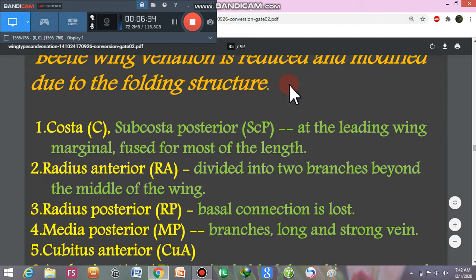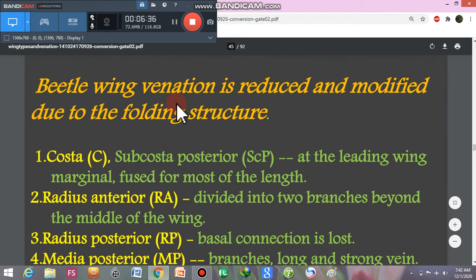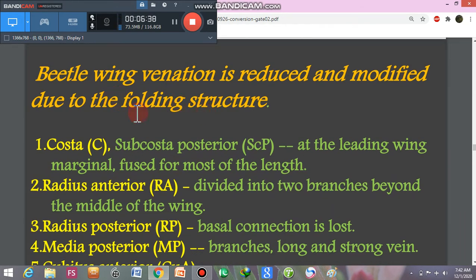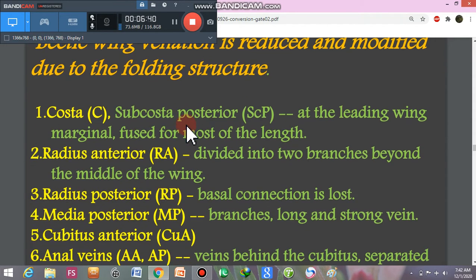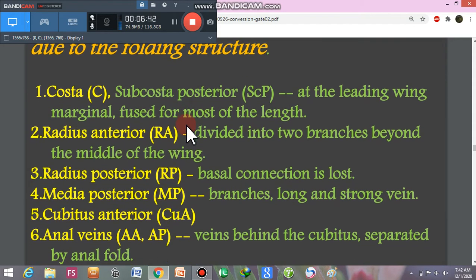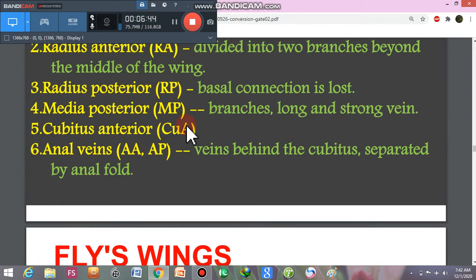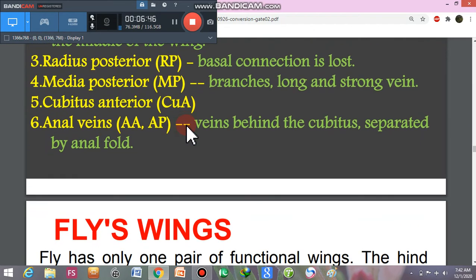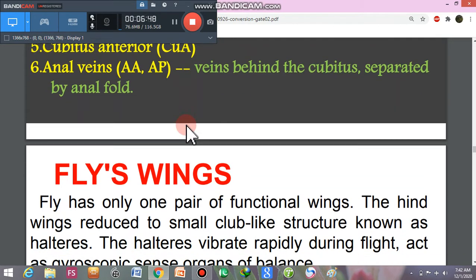Its wing venation is reduced and modified due to folding structures. Costa, radius anterior, radius posterior, media posterior, cubitus anterior, anal vein. These are all the veins present in it.